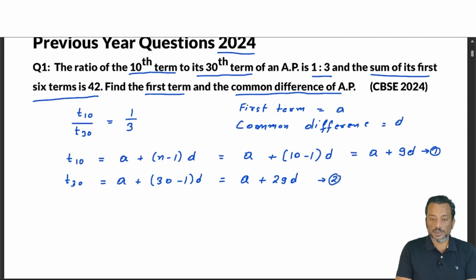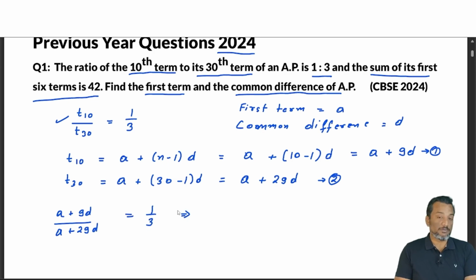Now you have to place the values of T10 and T30 in the ratio: A plus 9D over A plus 29D is equal to 1/3. Hope you have got it.